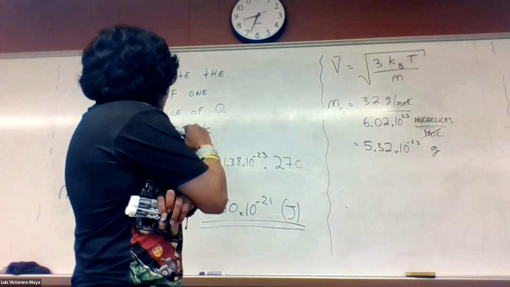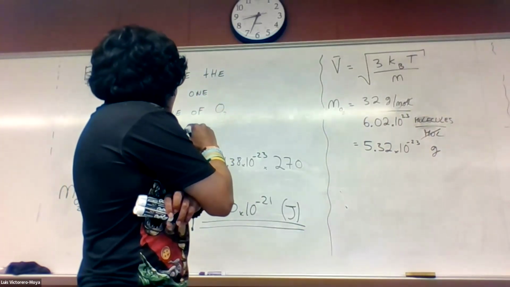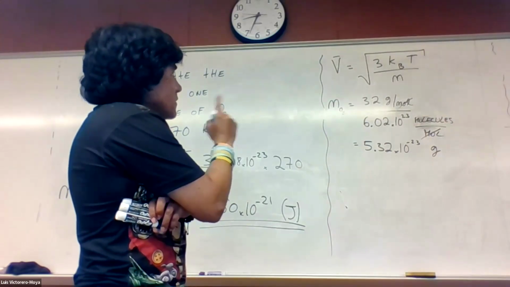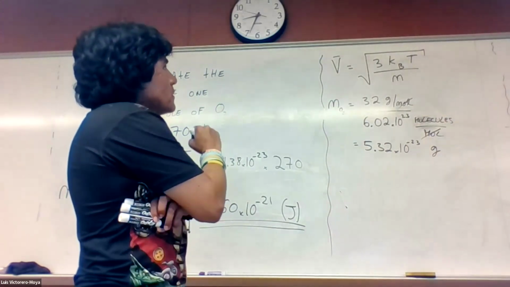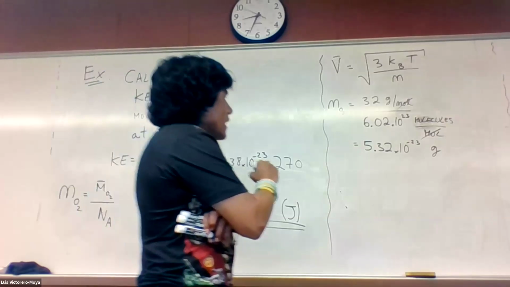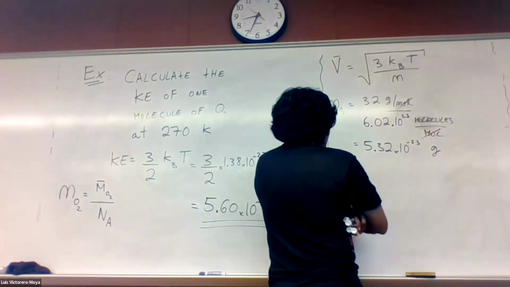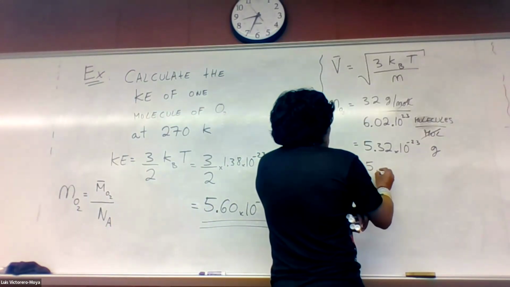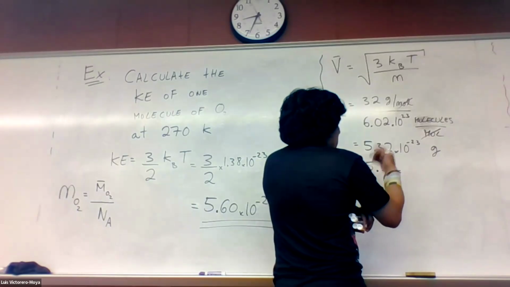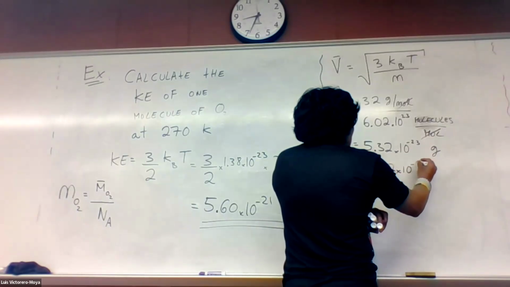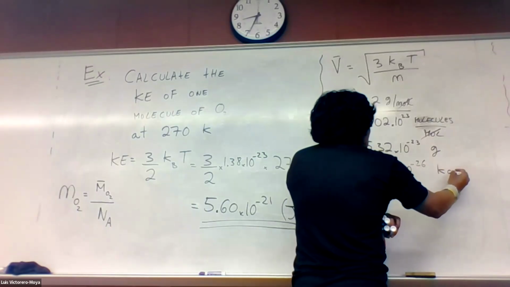My Boltzmann constant is in metric, so it's going to be with kilograms. Temperature is in kelvins. So I need it in kilograms. So this will be 5.32 divided by 1,000, 10 to the negative 26 kilograms.